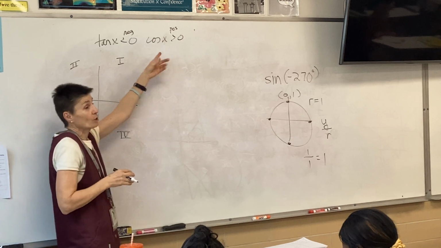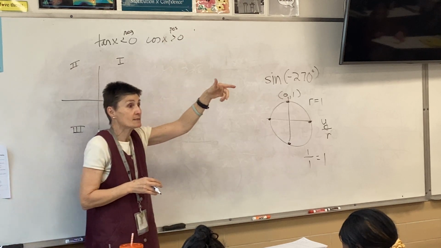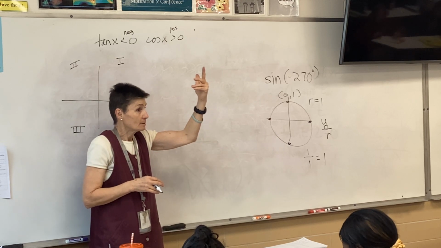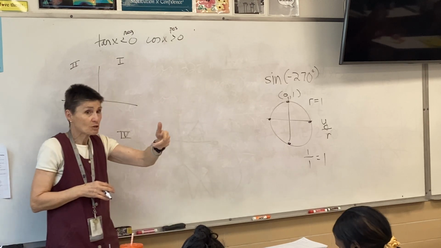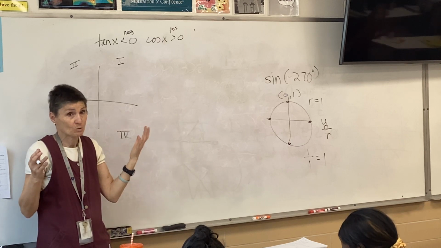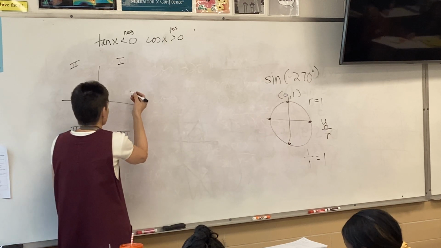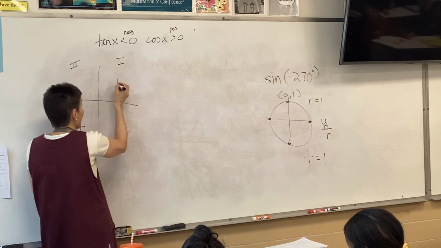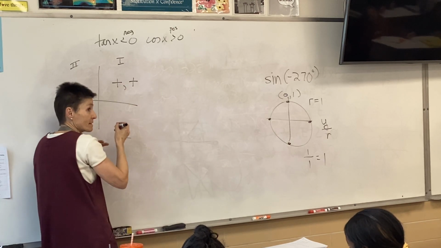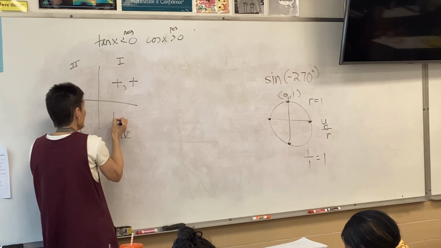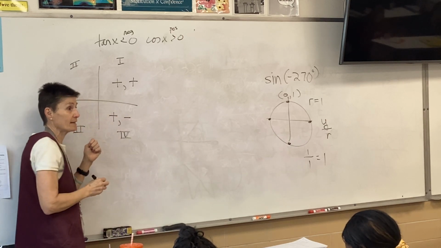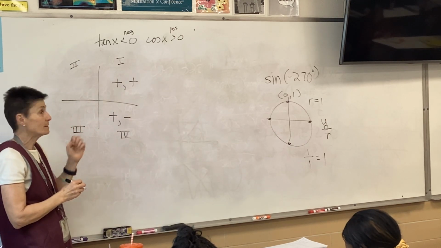Personally, I like to start with cosine, because cosine is x. And if x has to be positive, that's pretty obvious. Where is x positive? On the right. So I'm looking at here where x is positive and y is positive, or here where x is positive and y is negative. Would you agree with that? Not looking over here.